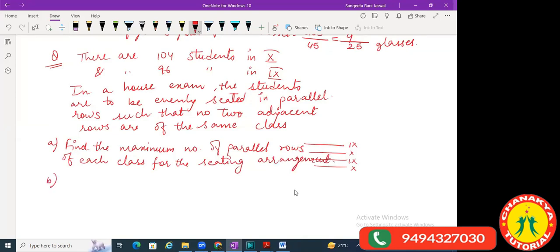And the second thing that you have to find out is the number of students of class 9th and 10th in a row. How many children are sitting in one row? That also you have to find out.